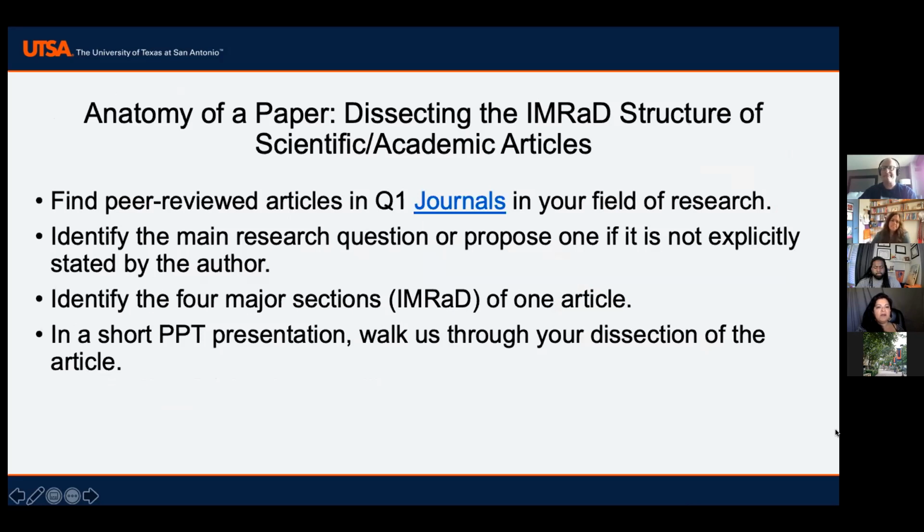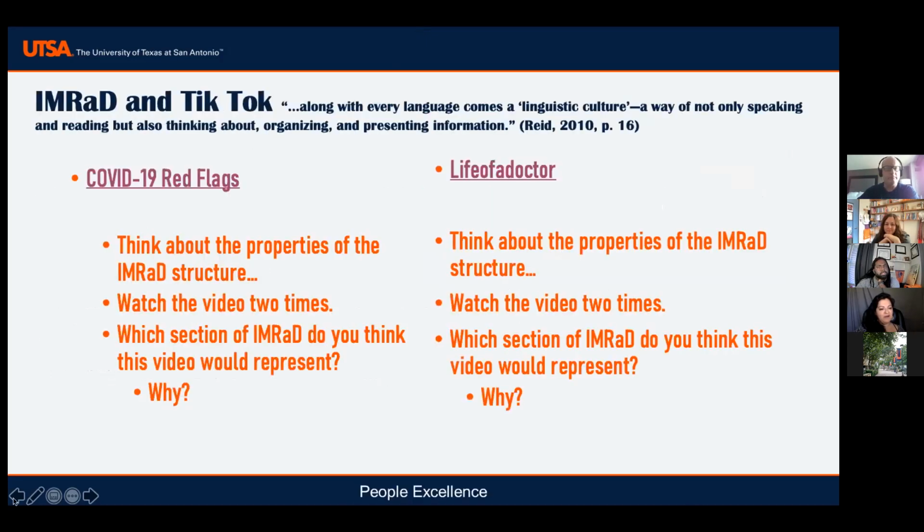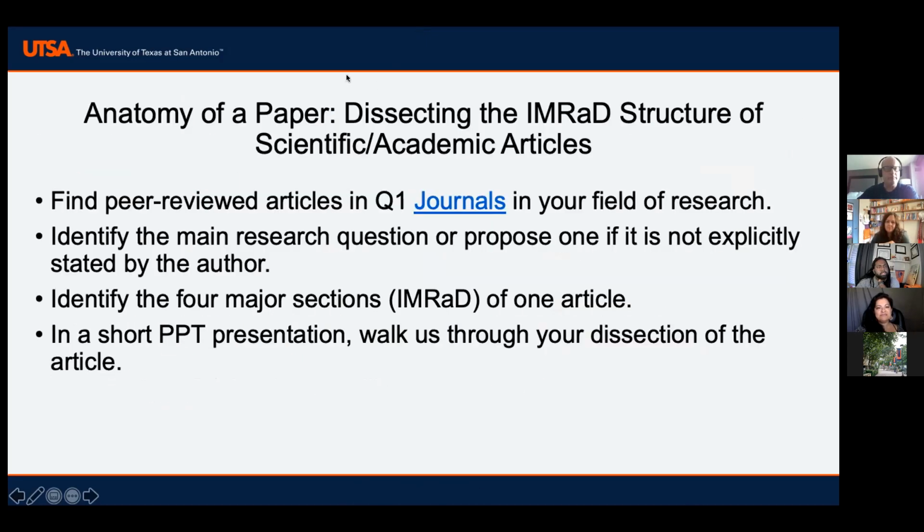So that is the anatomy of a paper assignment, and I'll just say that I always like the analogy of dissecting. Oh, is there a question? Okay. I always like the analogy of dissecting because, you know, it's kind of gory, but it's also about precision, right?